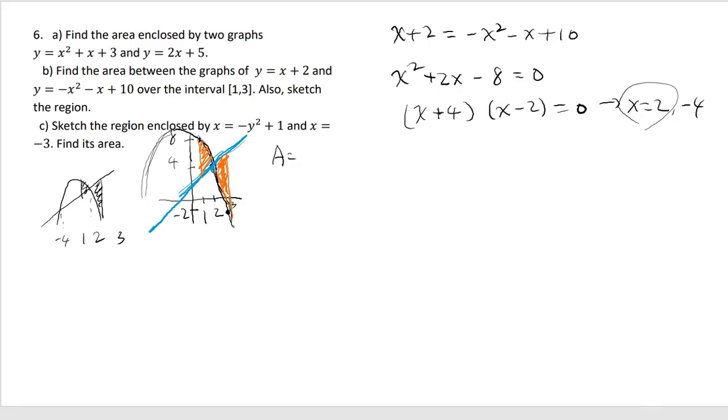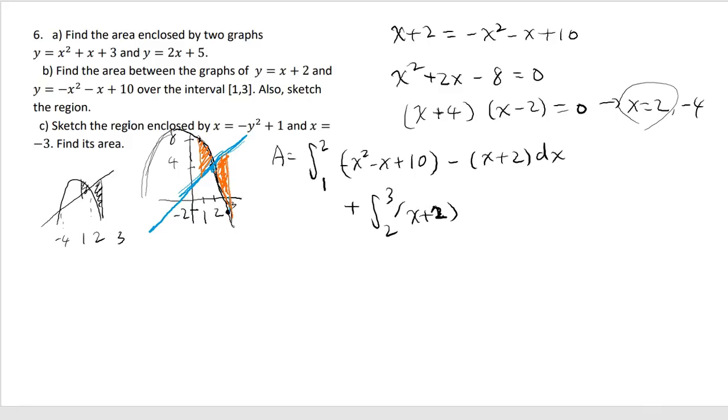So area is, you have to integrate from 1 to 3, but from 1 to 2, you have to do the parabola minus the line, whereas from 2 to 3, you have to do line minus the parabola.